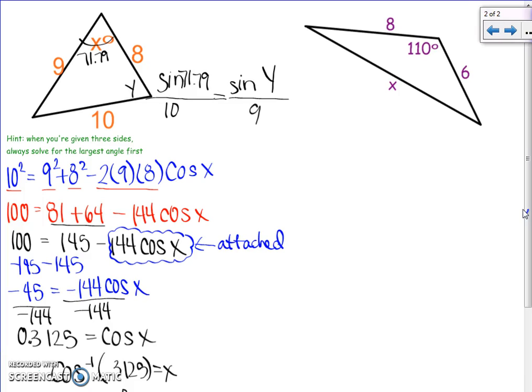Okay. All right, last one right here. This is another one that's pretty straightforward because it's the side that's missing, so we get to put the long equation into the calculator. But tell me how I would set it up. What's the first thing I would write down on the left? Got x squared. 9 squared equals 6 squared minus 2 times 8, and then cosine 110.